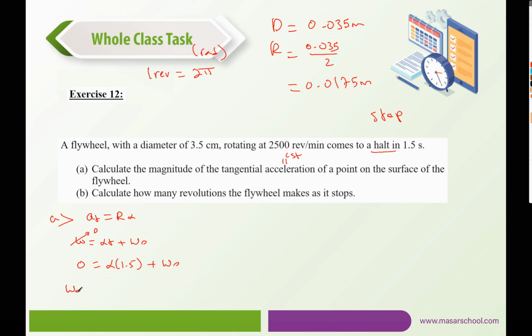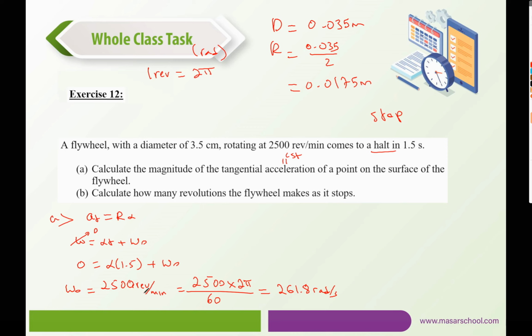So omega 0 is 2500 revolutions per minute, which is 2500 times 2 pi, because each revolution is 2 pi, divided by a minute, which is 60 seconds. Plugging that on the calculator, we would have a value of almost 261.8 radians per second.